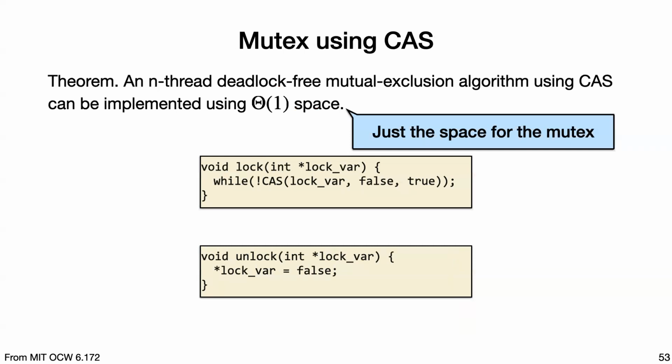Okay. So how can we implement a mutex using CAS? We can implement a lock directly. I was kind of saying something like this earlier, and this is the proof that you can implement a lock using CAS in just Theta(1) space. The proof is, I guess, these two lines of code. You have this int, which is the lock, and to lock it, we spin, where false means that it is unset, and true means that it is set.